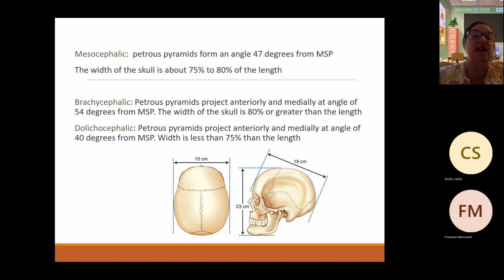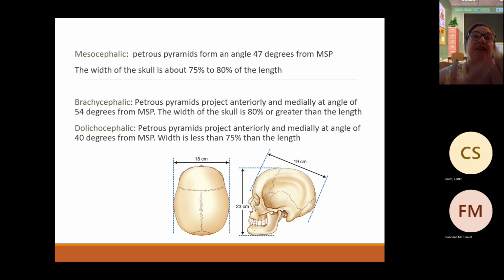So now these skulls, the petrous pyramids, which are part of the temporal bone, form different angles within the skulls. In a normal skull, the petrous pyramid will be 47 degrees from the mid-sagittal plane. In a brachiocephalic, they form a 54 degree, so it gets wider.